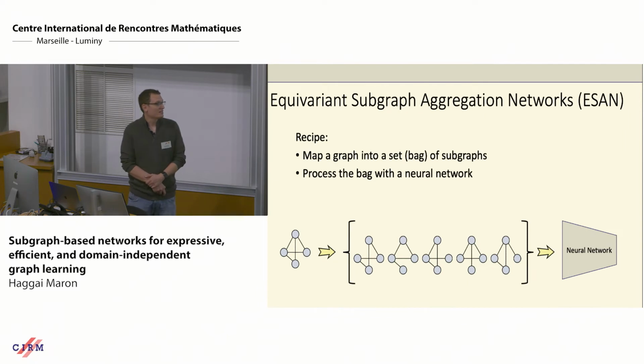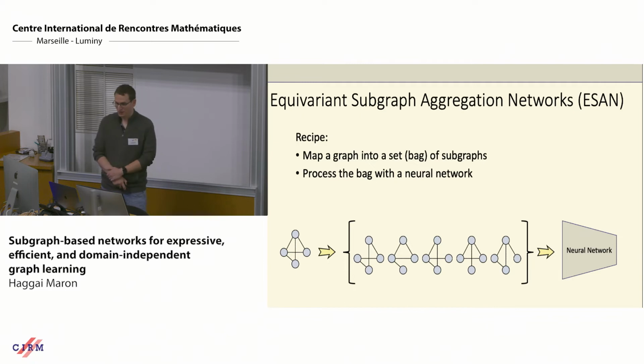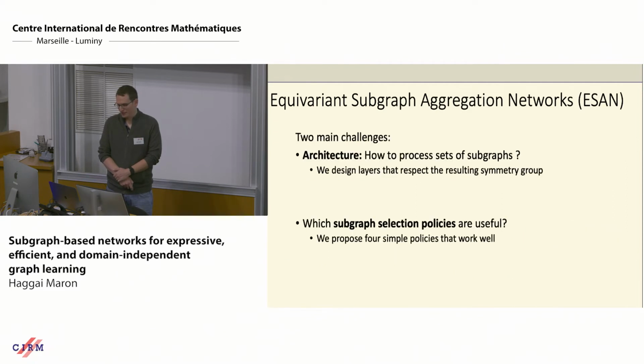And this gives us the following idea. In order to process graphs with neural networks, we are going to first map a graph into a bag of subgraphs. When I say bag, I mean multiset. And then we are going to process this bag with a neural network. And this really brings up two main questions or challenges.